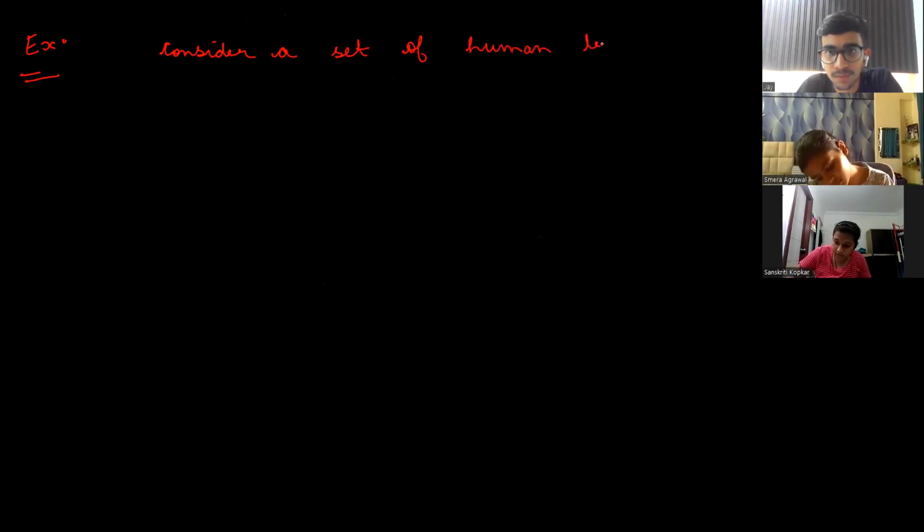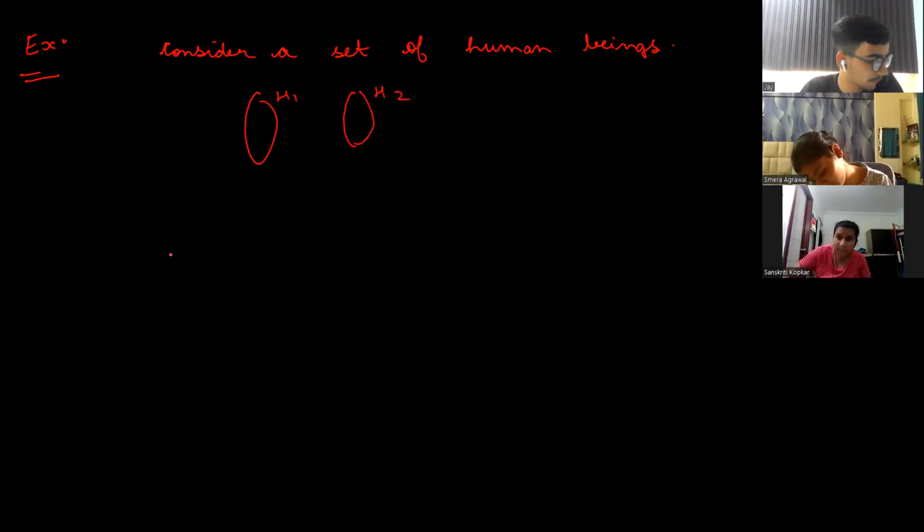Consider a set of human beings. I guess everybody knows who human beings are. Okay, so let's say there are two sets, H1 and H2. H1 is related to H2 if H1 is a sister of H2.